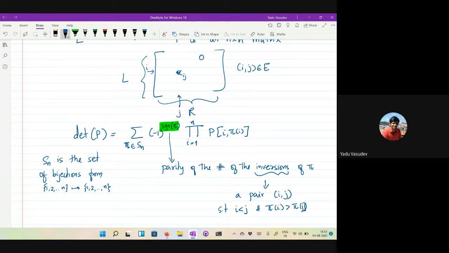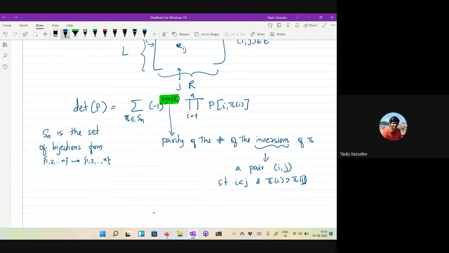So for instance, say n is equal to 3, and a possible bijection is the following: pi of 1 is equal to 1, pi of 2 is equal to 3, pi of 3 is equal to 2. So this is one bijection. How many inversions are there in this bijection?